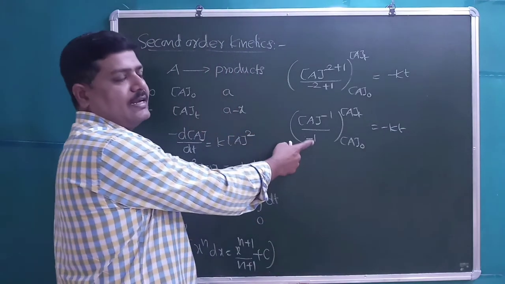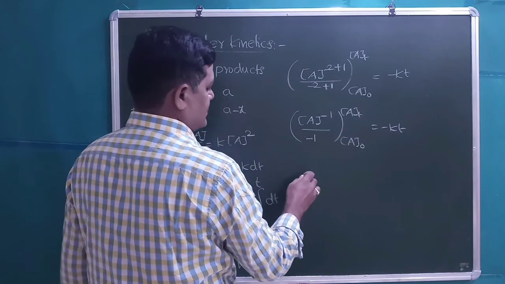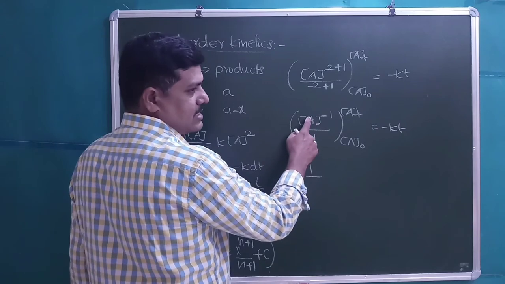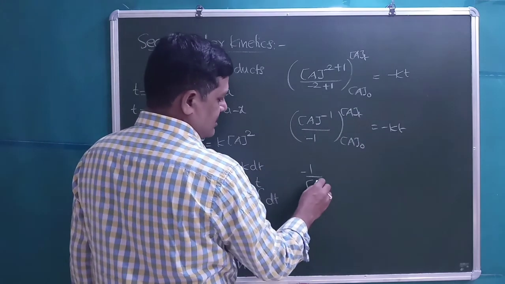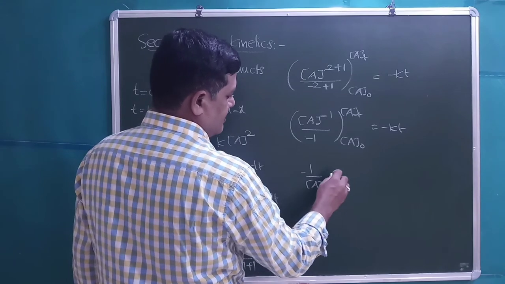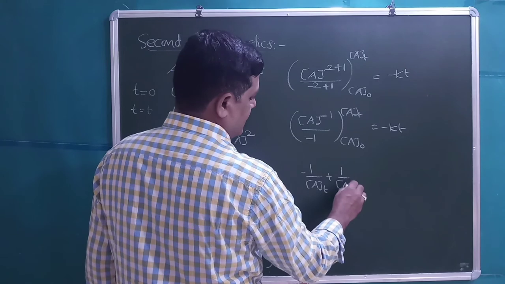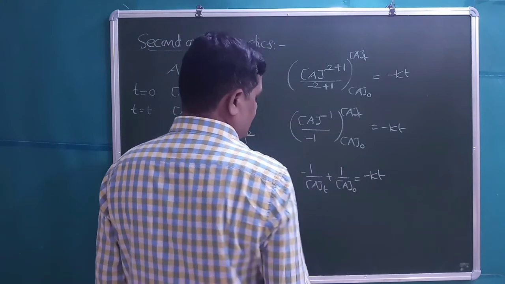Then we can write it as minus 1 by A, and directly substitute the limits. First the upper limit At: minus 1 by At, minus of minus is plus 1 by A naught, is equal to minus kt, right?